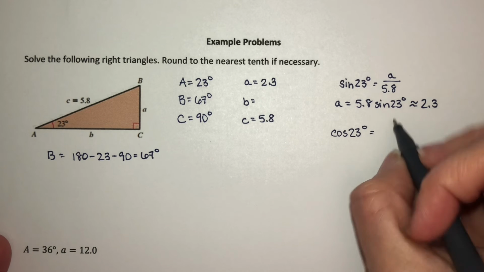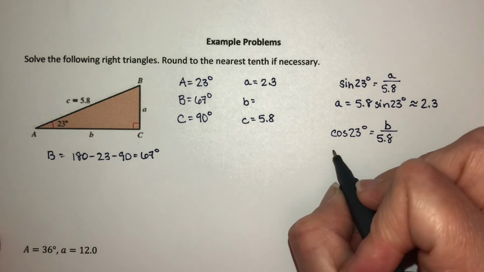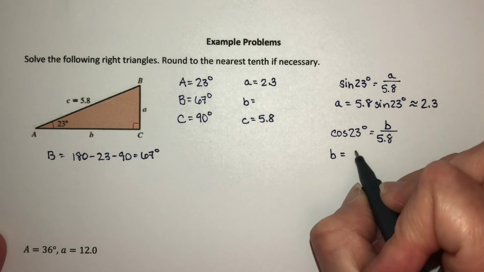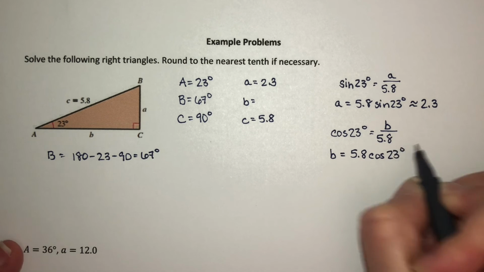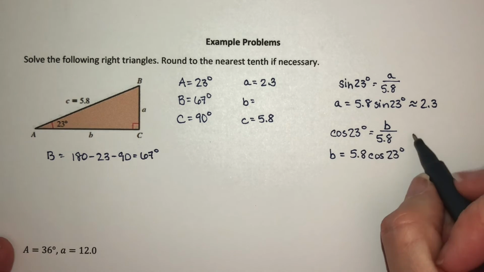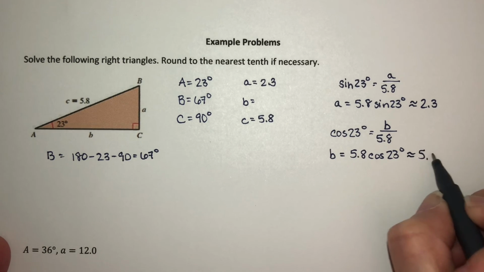And that equals b over 5.8. So your b value will be 5.8 times cosine of 23 degrees. And that is approximately 5.3.